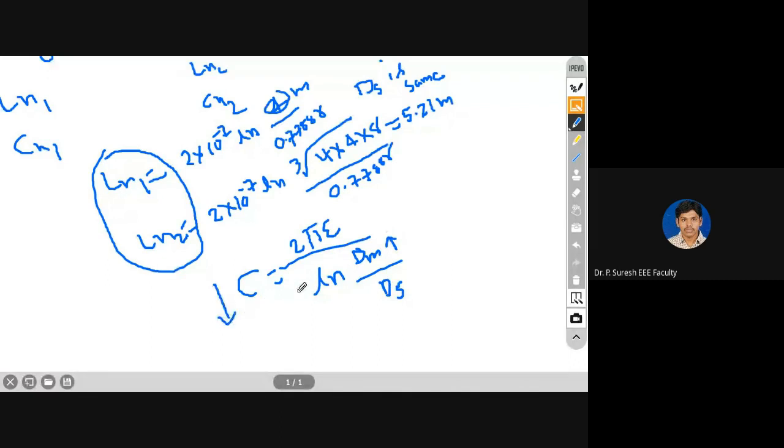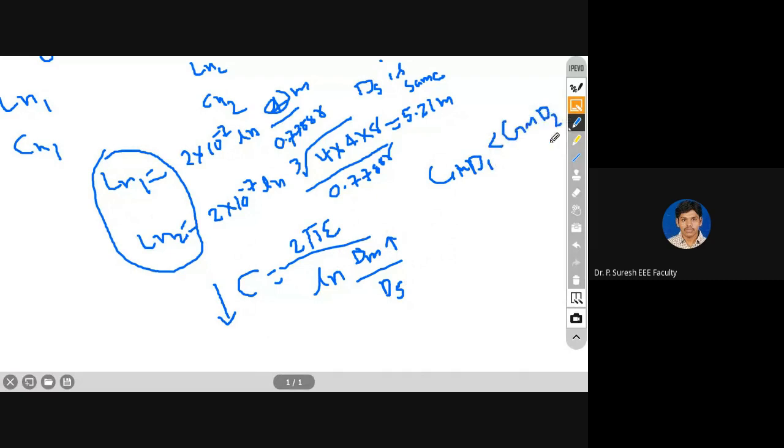So which GMD is more here? In both cases, arrangement 2 or arrangement 1? Obviously GMD 1 is less than GMD 2.